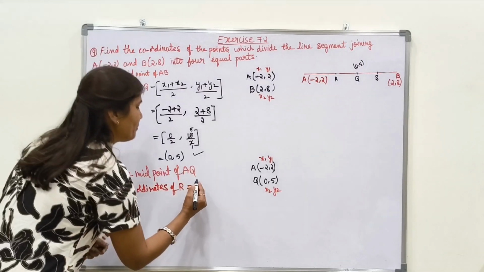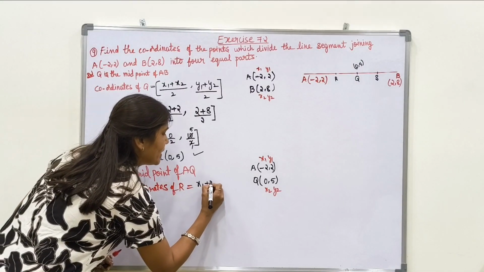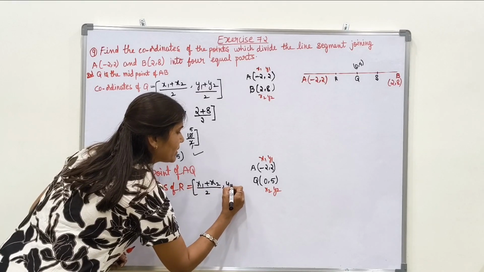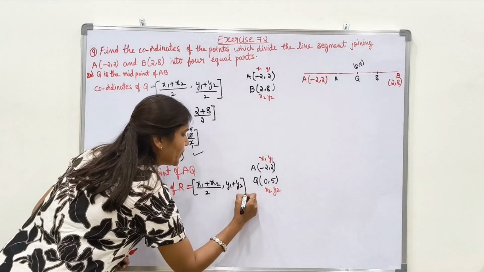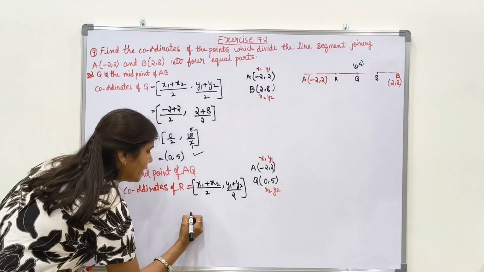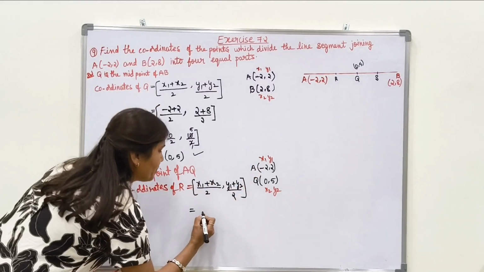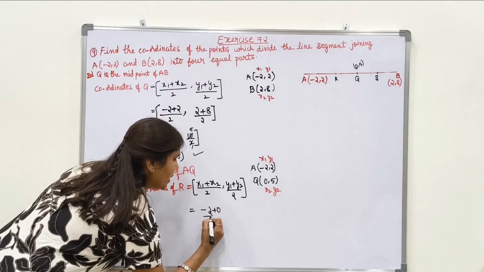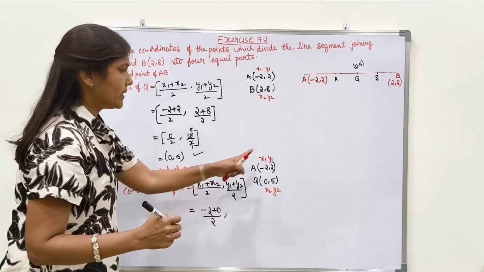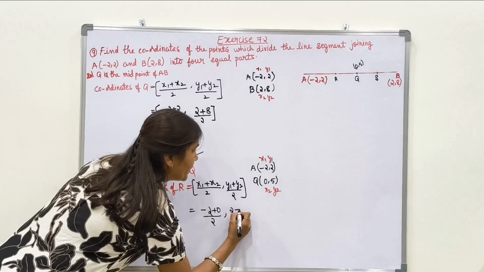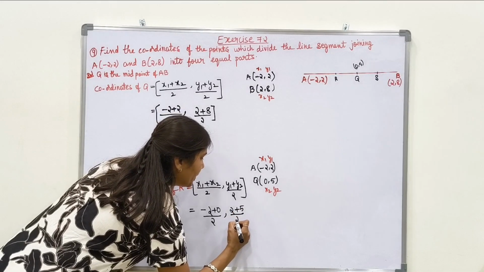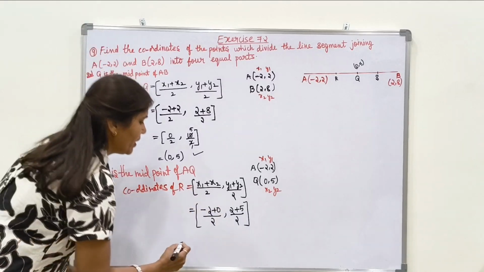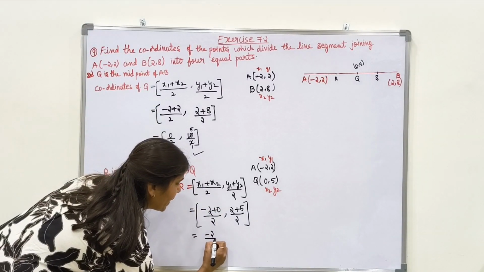Now you write the formula. What is the formula? x1 plus x2 by 2, comma, y1 plus y2 by 2. Now you apply. x1 is minus 2. x1 plus x2 means minus 2 plus 0 divided by 2. Next, 2 plus 5 divided by 2. Now simplify this one. Minus 2 plus 0, you will get minus 2 by 2.